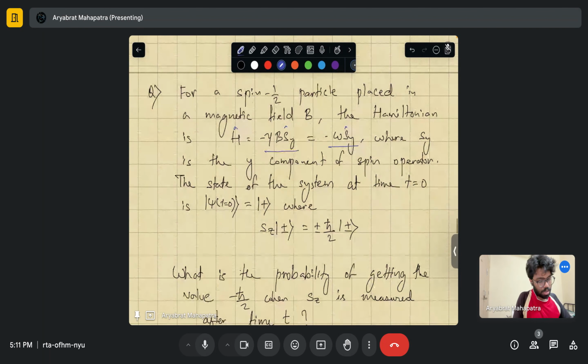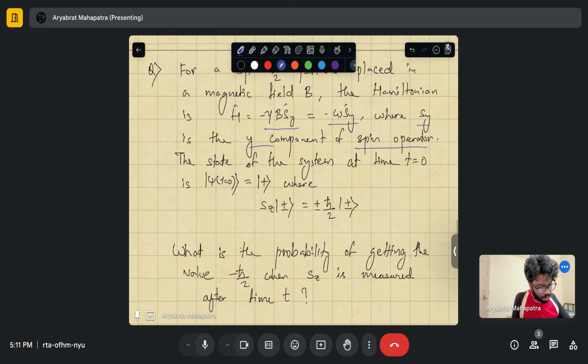So that is how your Hamiltonian is described here, where S_y is the y component of your spin operator. The state of the system at time t equals zero was this.